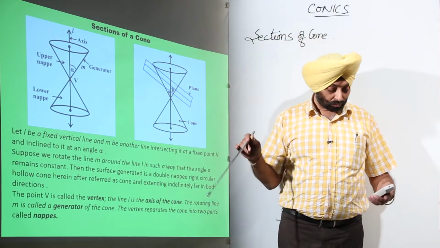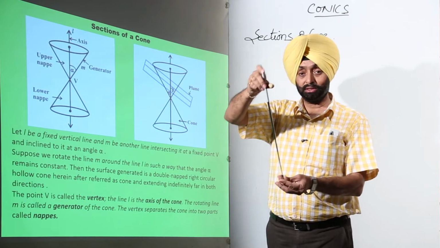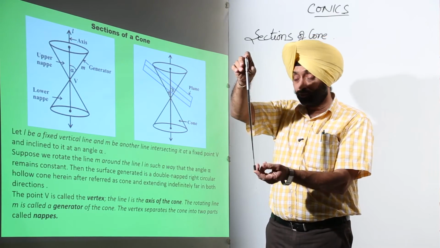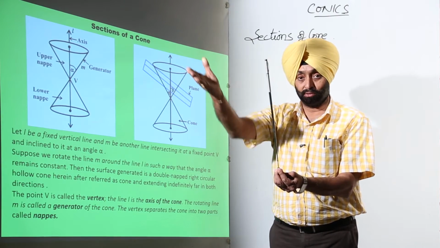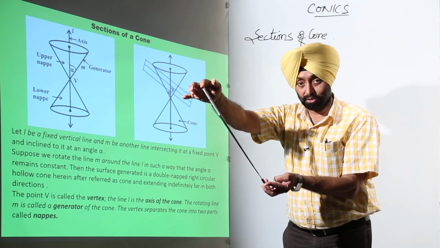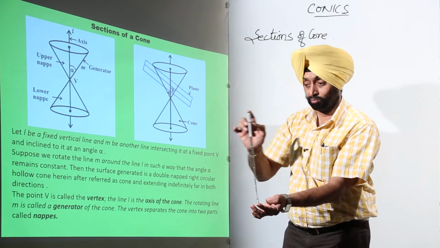Now basically what he is saying, sorry, suppose this is the axis. To this axis we have one more generator like this. Now instead of this being the axis, this becomes a generator, and this generator is moving like this.